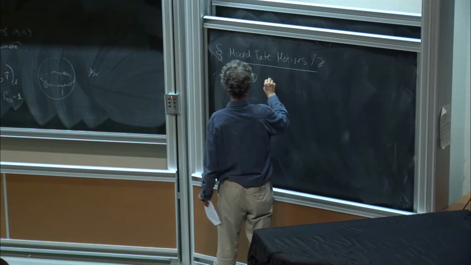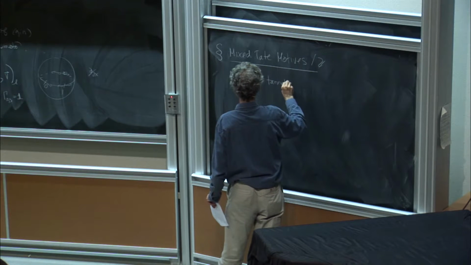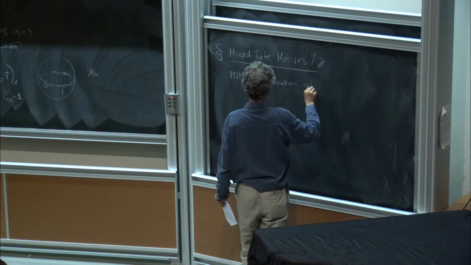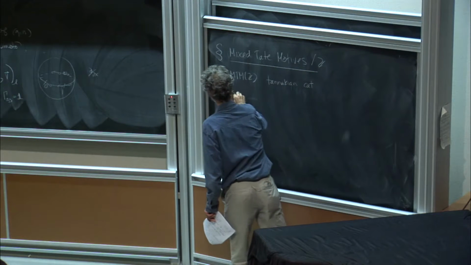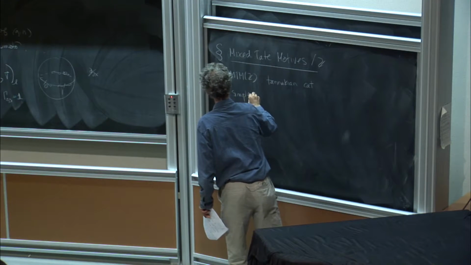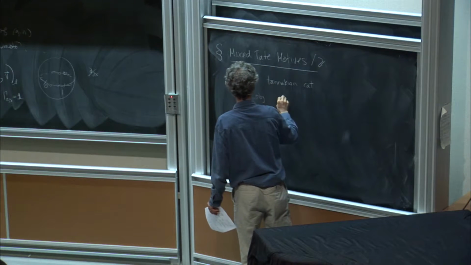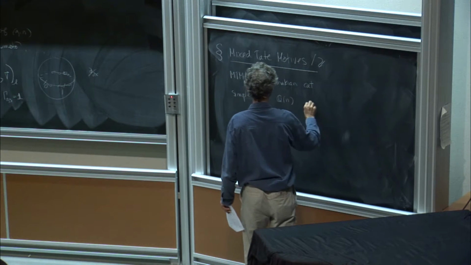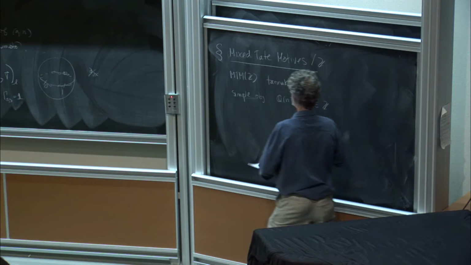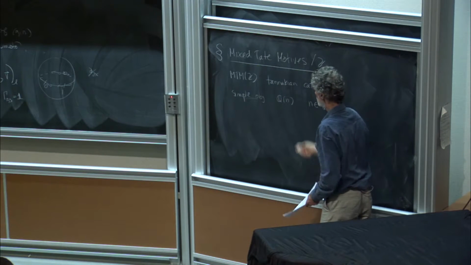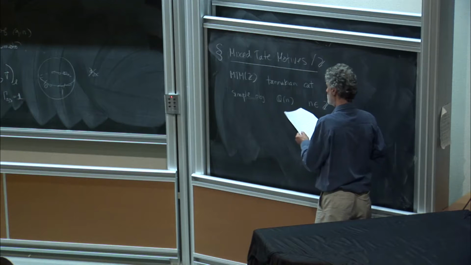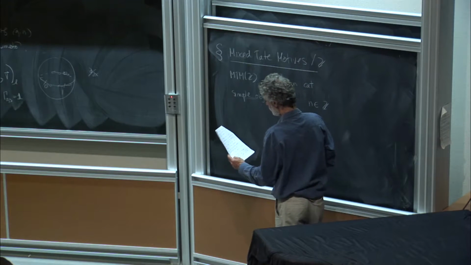MTM(Z) is a Q-linear Tannakian category. The simple objects are Q(n), where n is in Z. If you tensor two of these together, Q(n) and Q(m), you get Q(n+m).